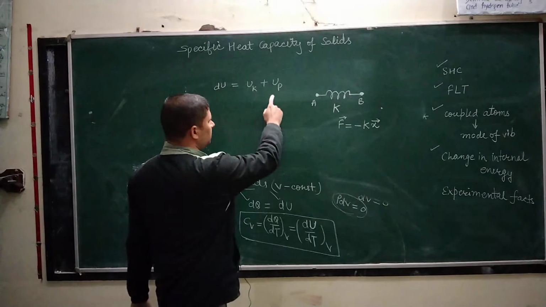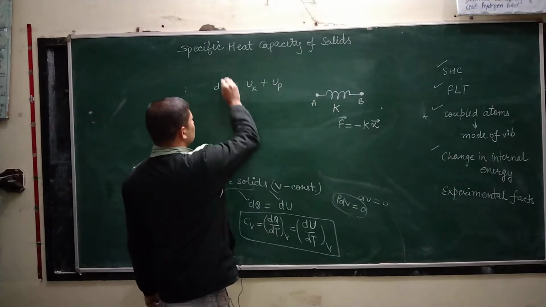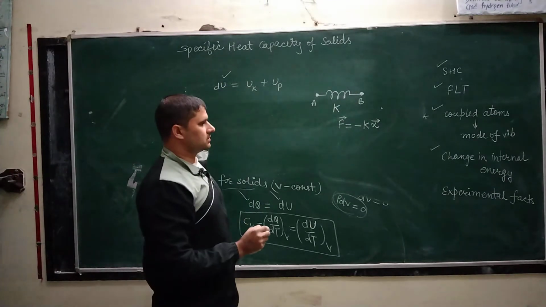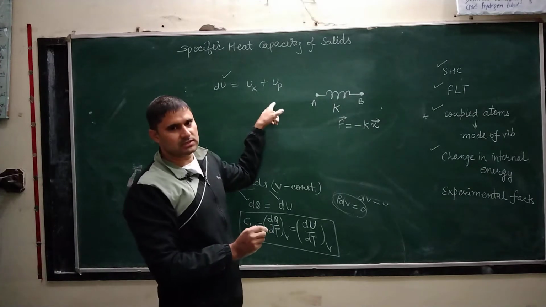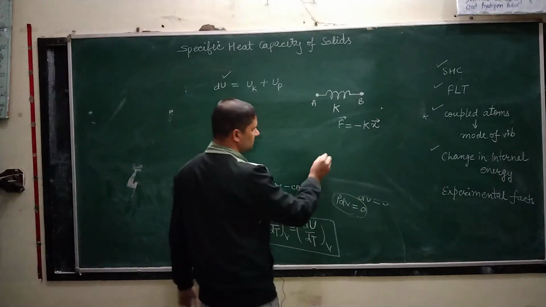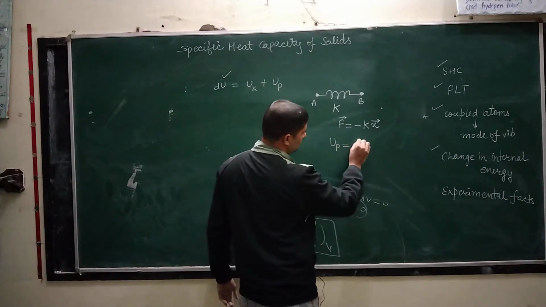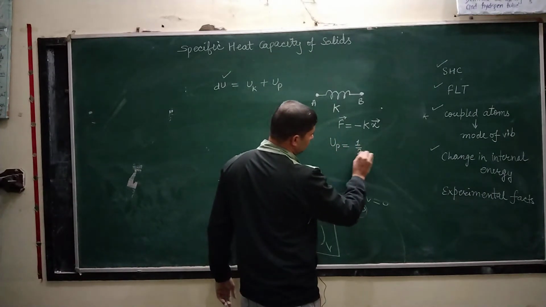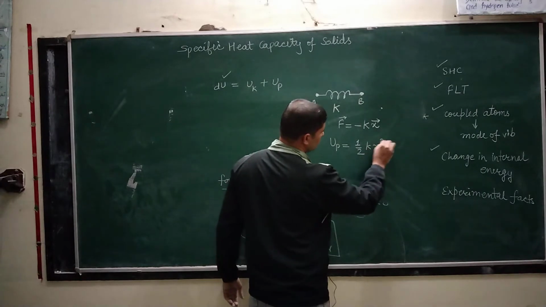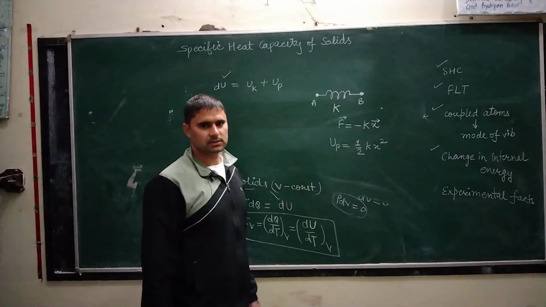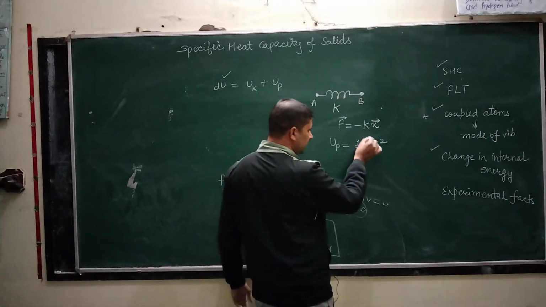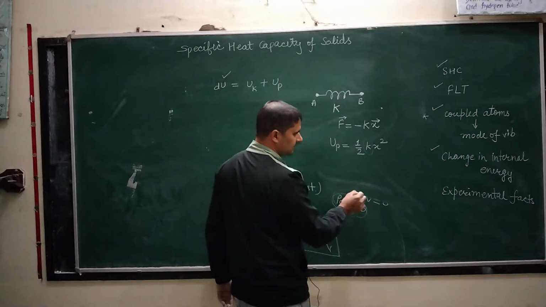Due to this change in internal energy, there will be a change in the potential energy, and that can be written as UP equal to 1 by 2 Kx square. You have done this in 11th standard. And what is this K?